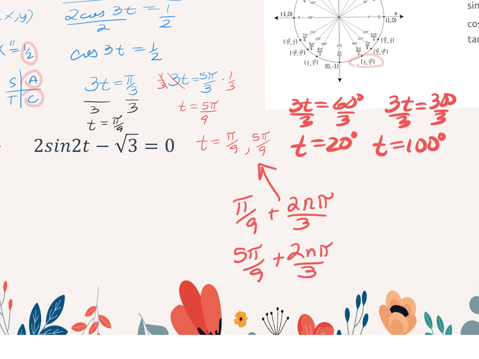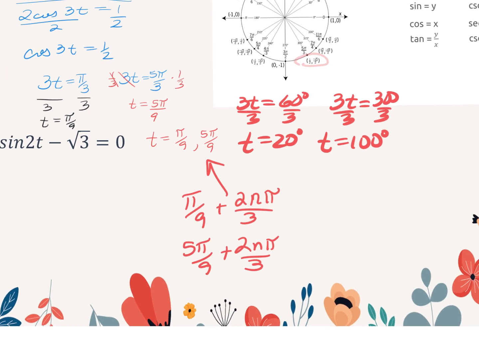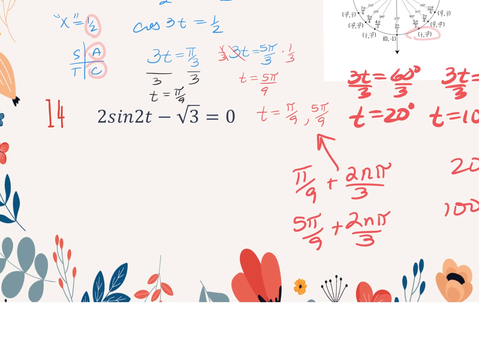This is just showing that there's an infinite number of solutions. Okay, over here, in degrees, it would have been 20 plus 360n, or 100 plus 360n. But again, this is for SATs. For our purposes, we're not going to include that. Homework, don't include that either. You don't have to. Let's try 14.